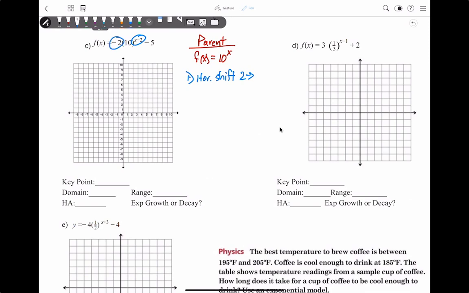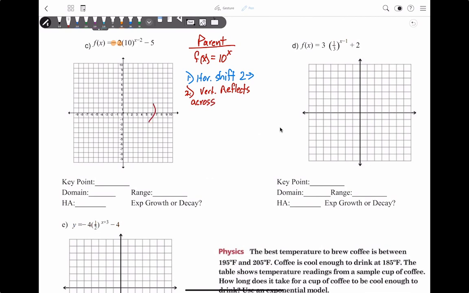Then this negative 2, we need to look at as two different transformations, not just one, okay? So I want to look at the negative first, then we'll look at the 2. The negative is a vertical reflection, or you could just say it vertically reflects across.